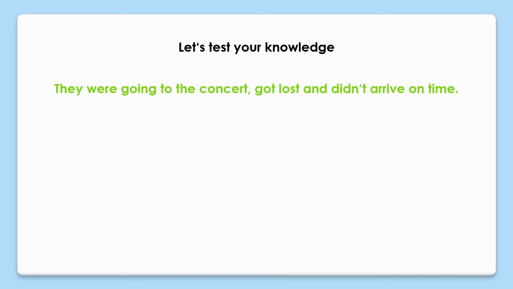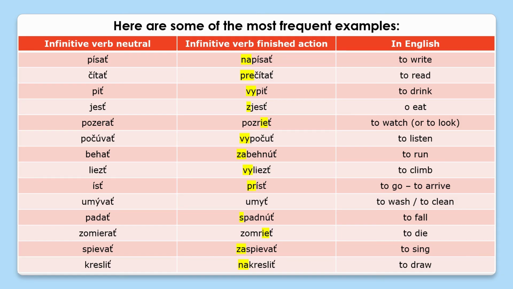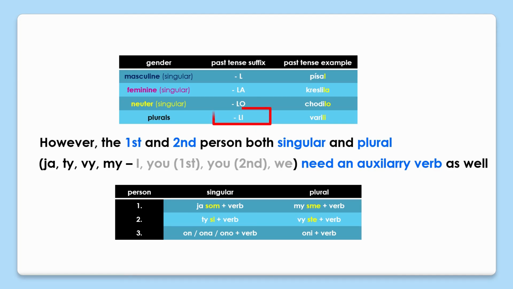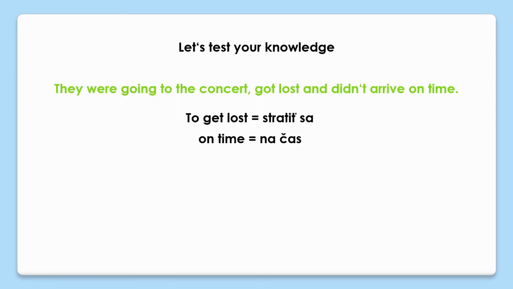They were going to the concert, got lost, and didn't arrive on time. So to get lost is stratiť sa, and to be on time, na čas. So the first one is to go and the second one is to arrive or to finish going. Therefore, išli na koncert, stratili sa a neprišli na čas.